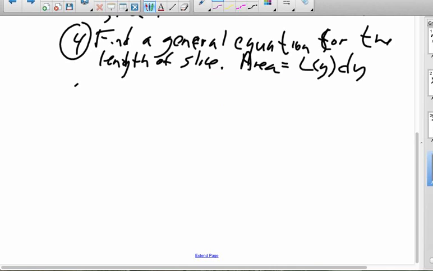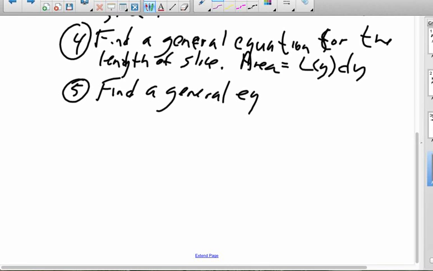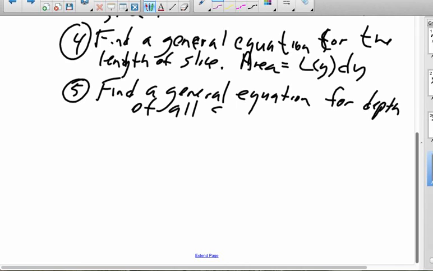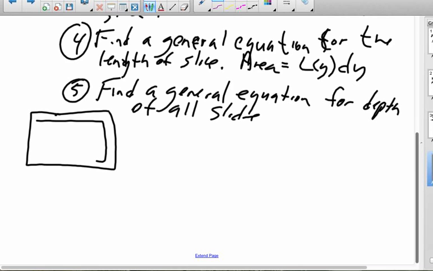Number 5, then you need to find another equation. You need to find a general equation for the depth of all slices. Again, going back to the dolphin tank, the top of the water was right here.